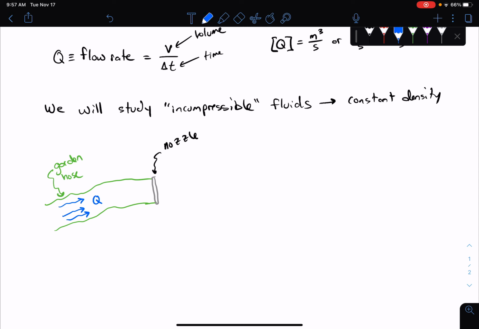This water would flow up here and come out like this, and once it comes out, it would all kind of spread. Okay, that's fine and dandy.